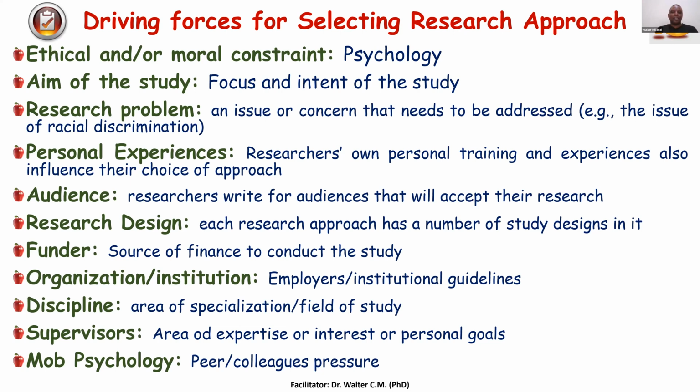Also research design, because each research approach has a bundle of research designs. So you can find research approach quantitative. We have a list of research designs that are within the quantitative approach, and then we have those study designs for qualitative, and then we have those for mixed method.